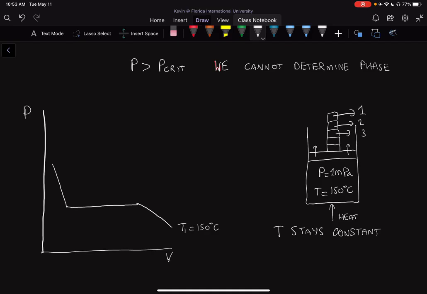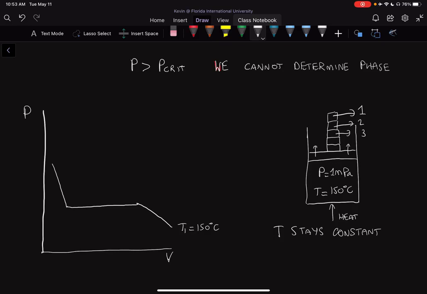Now, by taking off these weights, you decrease the pressure as we go, keeping the temperature constant. What we're actually seeing is compressed liquid, which is at high pressure, and as we decrease the pressure, we're allowing the liquid to become a gas.